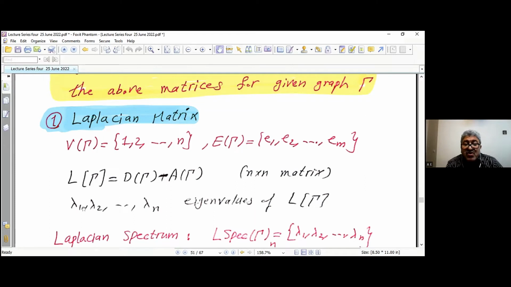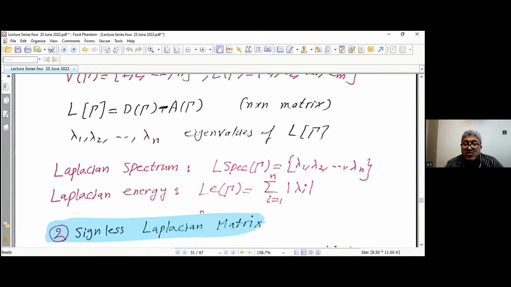If lambda 1, lambda 2, up to lambda n are all eigenvalues of the Laplacian matrix, we may call it the vertex Laplacian matrix. The vertex Laplacian matrix we may denote by L of gamma, and the H Laplacian matrix we may denote by K of gamma.